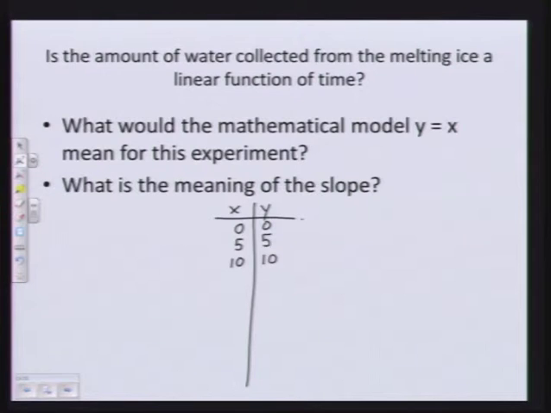Then the equation for that would be y is equal to x, and your slope would be saying that for every minute you're getting 1 additional milliliter of ice that's melted. So it is a linear relationship.